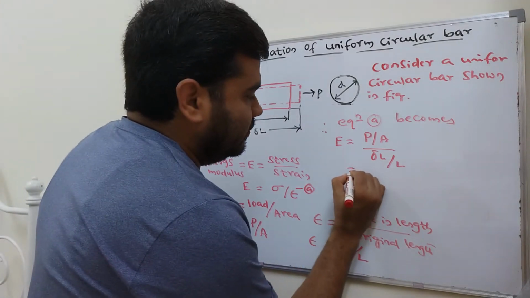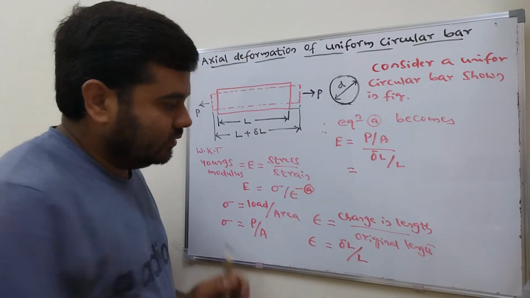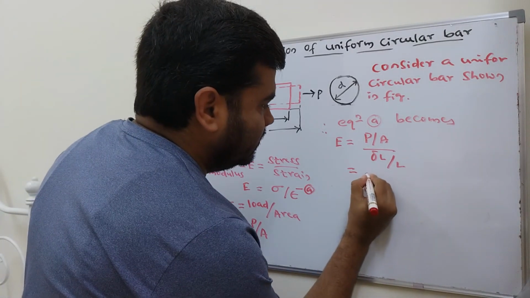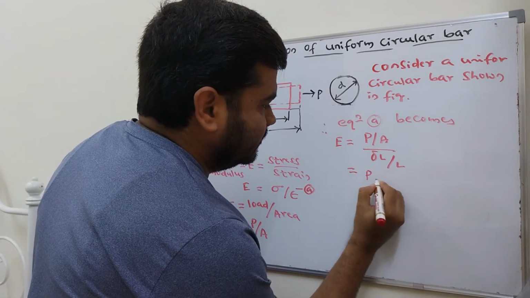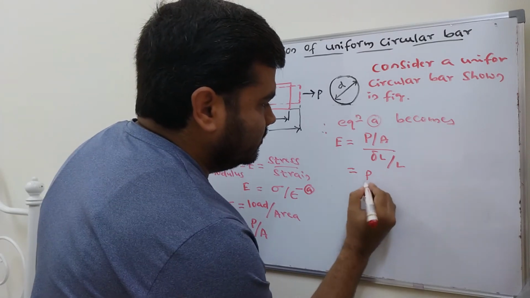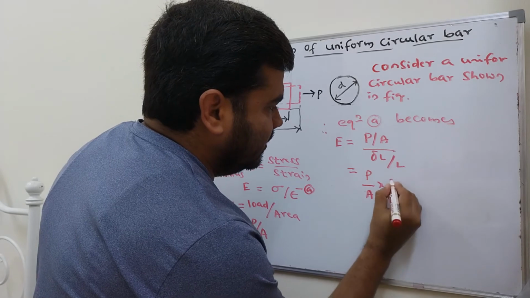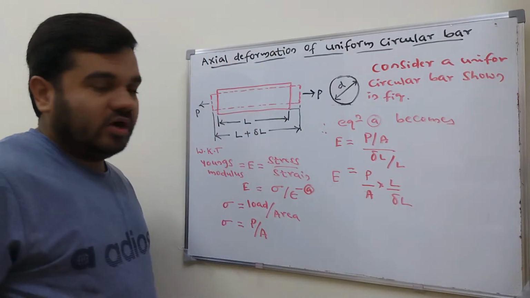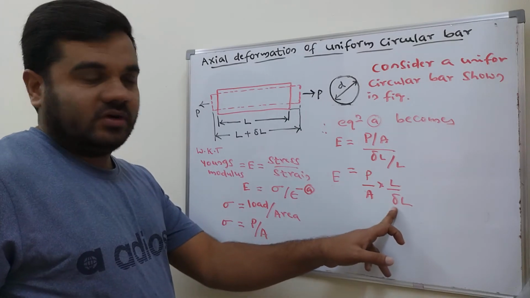So this will be equal to P by A into L divided by del L. This is E. Now what do we want? We want the deformation or change in length.